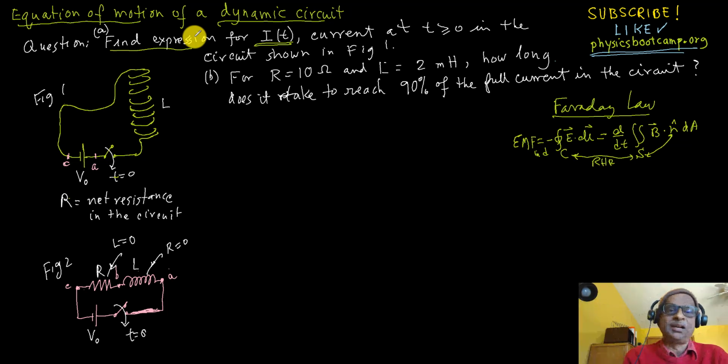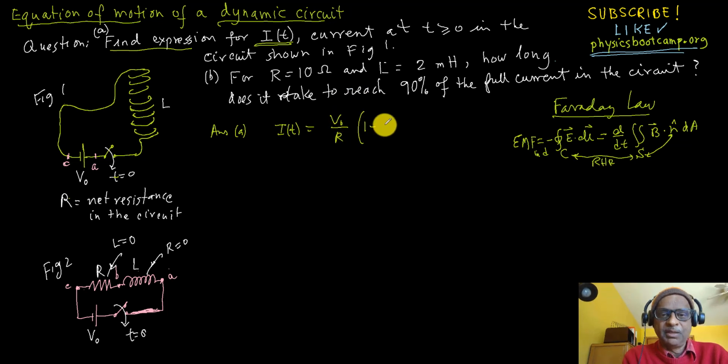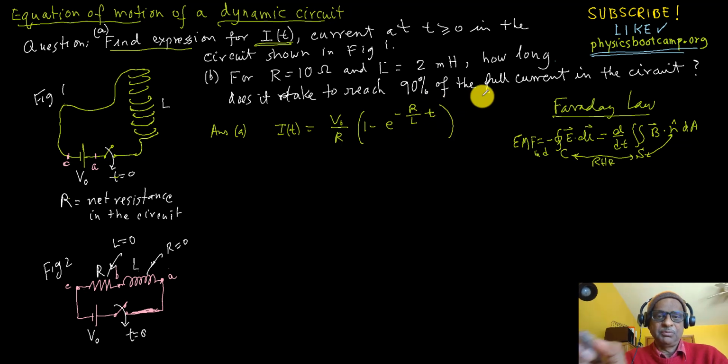For instance, the answer for A will be something like I of t is V naught over R, 1 minus e to the power minus R over L times t, something like that.